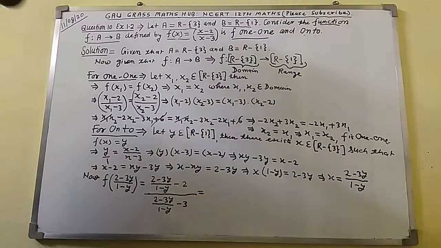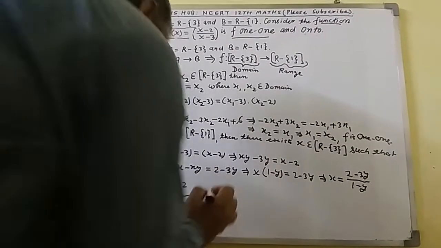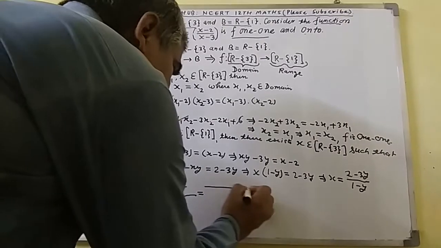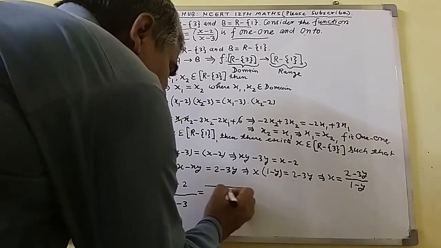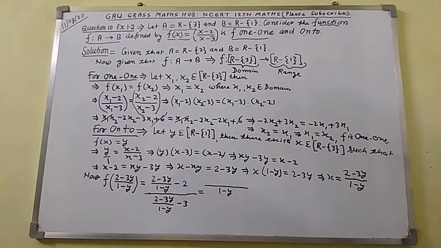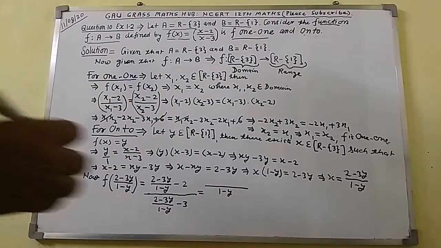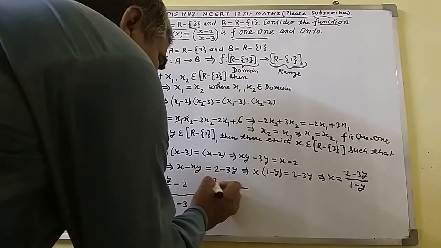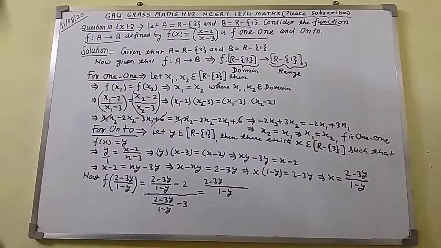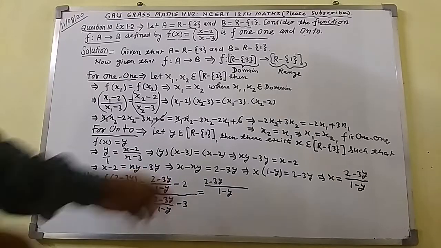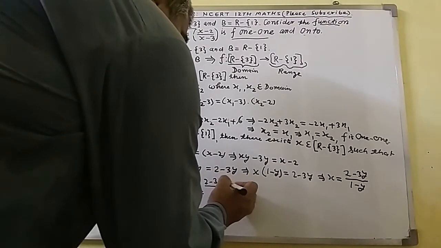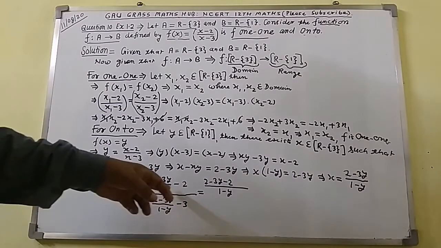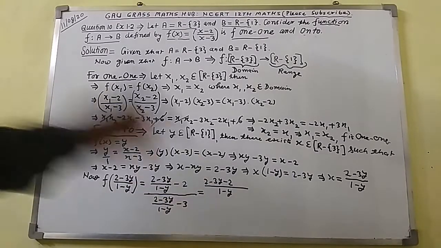Now get the things done here. If you do the operations here, it will become 1 minus y in the denominator. In numerator you will get 2 minus 3y and this minus 2, it will come minus 2 here, and minus 2 will multiply to 1, you will get here minus 2.